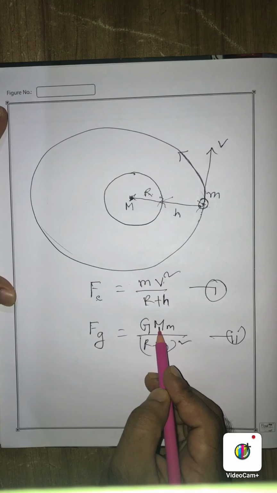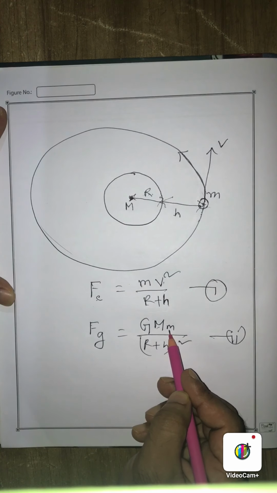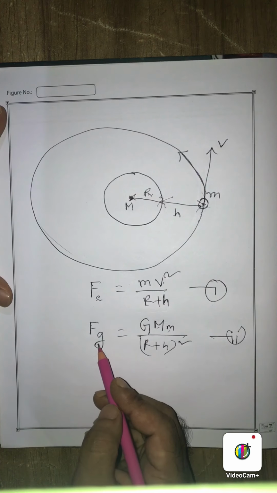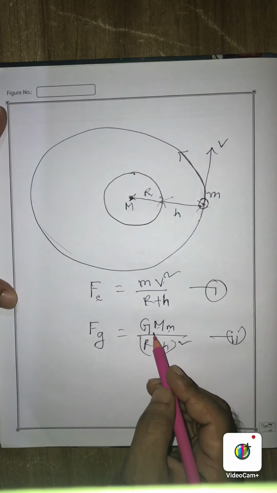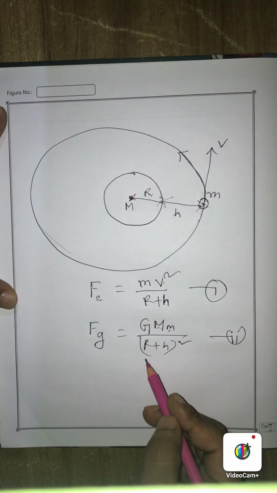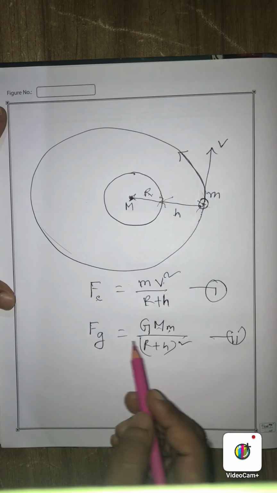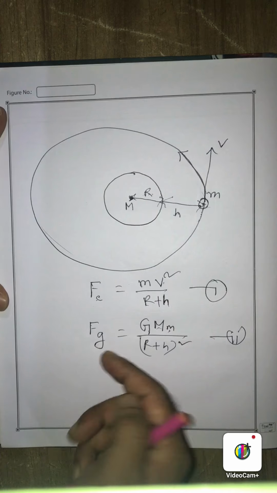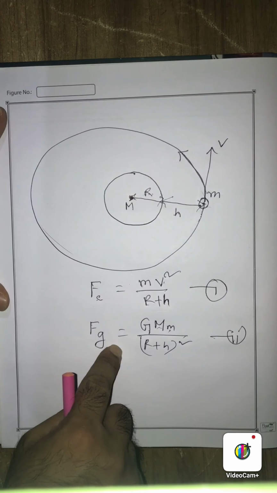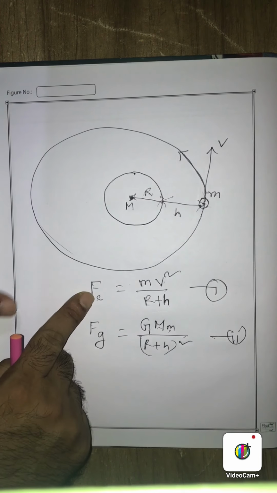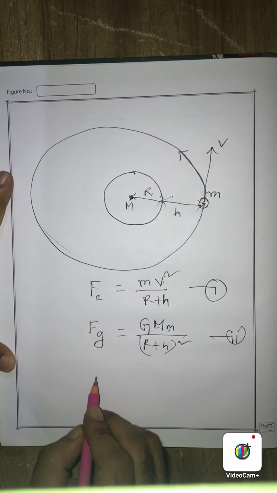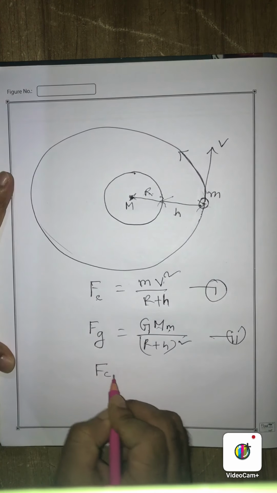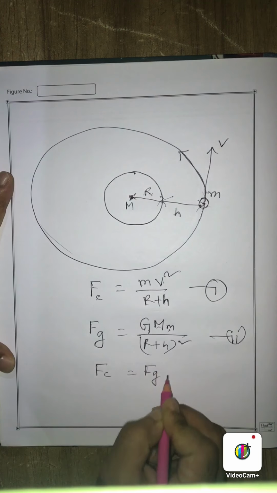Capital M is the mass of the earth and small m is the mass of the artificial satellite. So the centripetal force Fc and the gravitational force Fg are both equal.